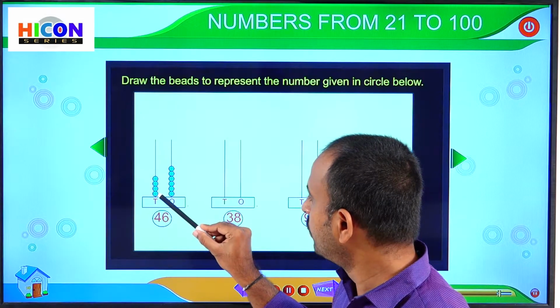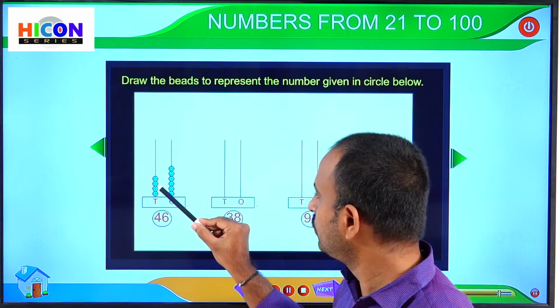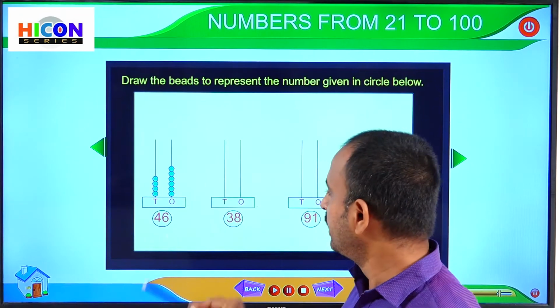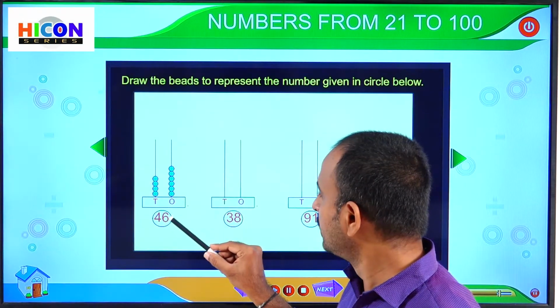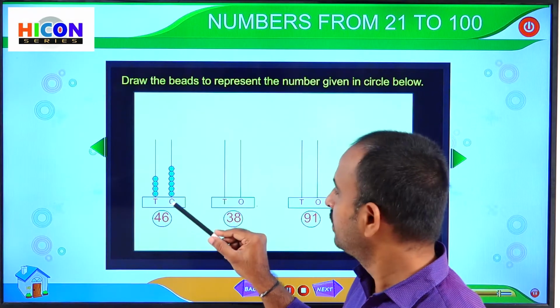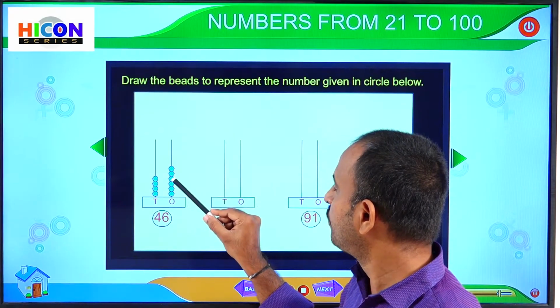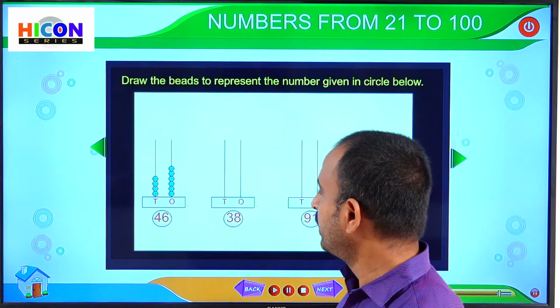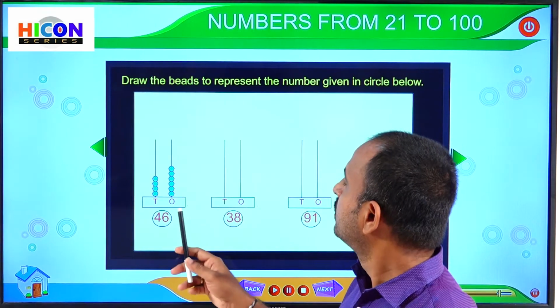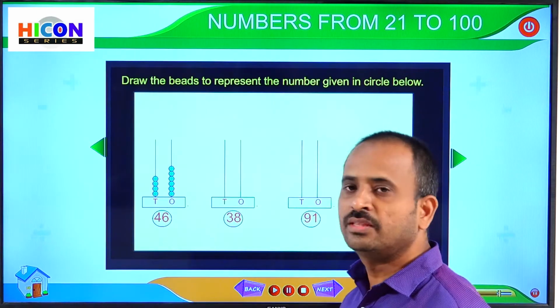That's why we have to keep 4 beads. 1, 2, 3, 4 beads. And 6 is present in ones place. That means we have to draw 6 beads on the ones spike. That is 1, 2, 3, 4, 5, 6 beads. So children, in this way we can draw the beads on the abacus using the number.